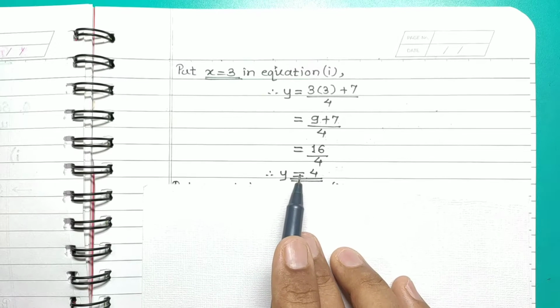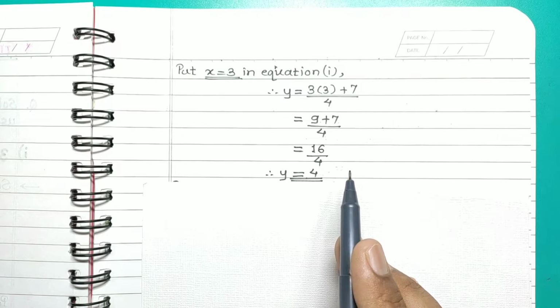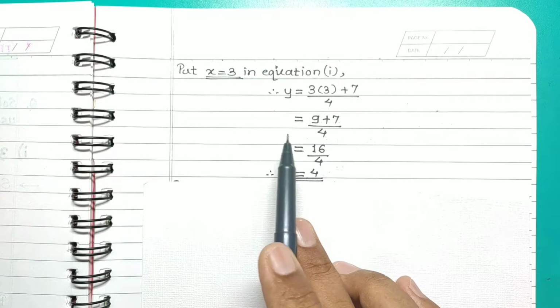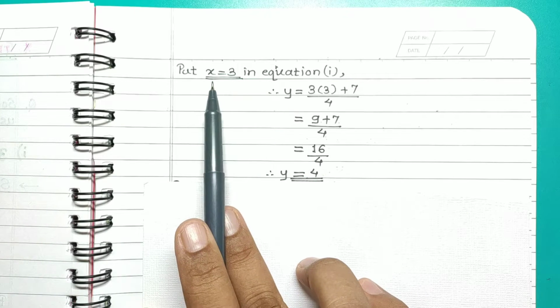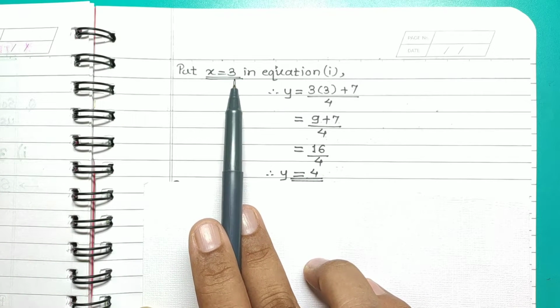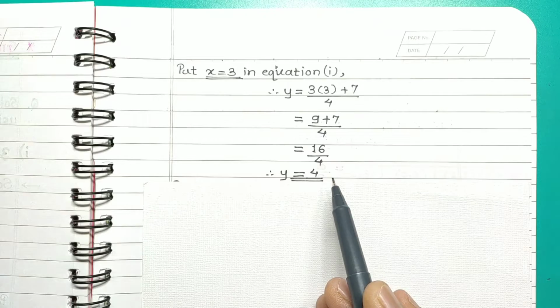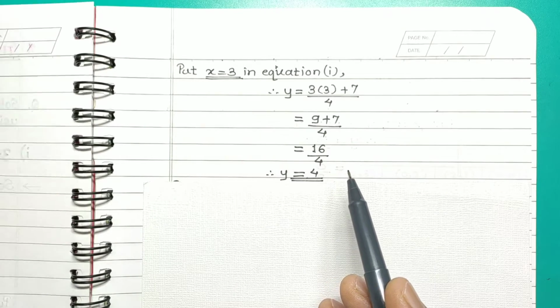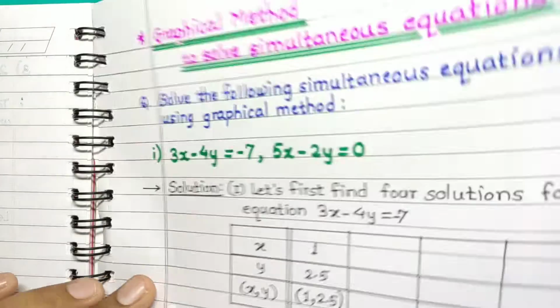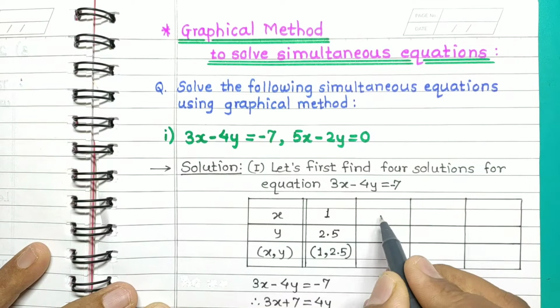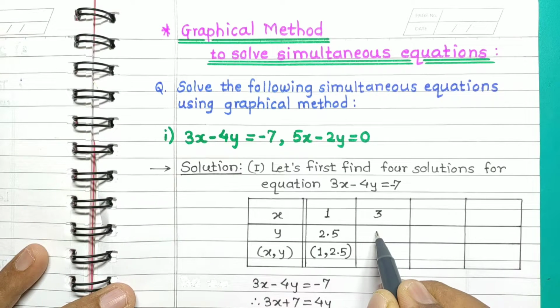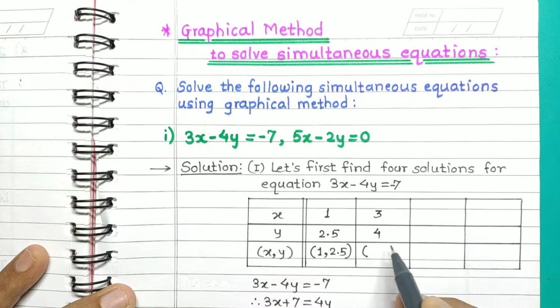So we have y is equal to 4. So we got the next ordered pair. For the value of x is equal to 3, we have y is equal to 4. So the ordered pair is (3, 4).